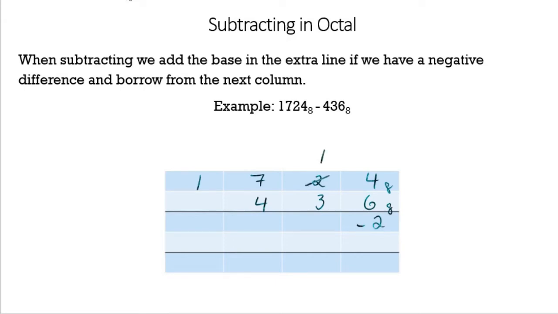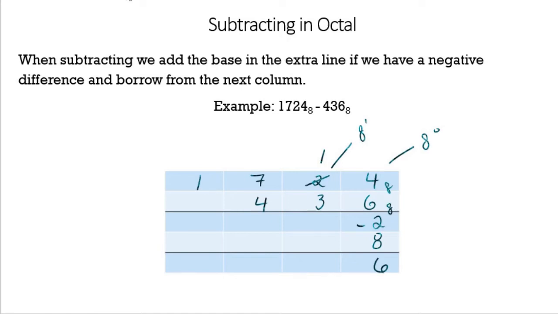Borrowing from the 2 still decreases it to a 1, but how much are we borrowing? Well, this is the ones column, 8 to the power of 0. This is the eights column, the eights place value. So we're not borrowing 10 this time, we're borrowing 8. And negative 2 plus 8 is 6.